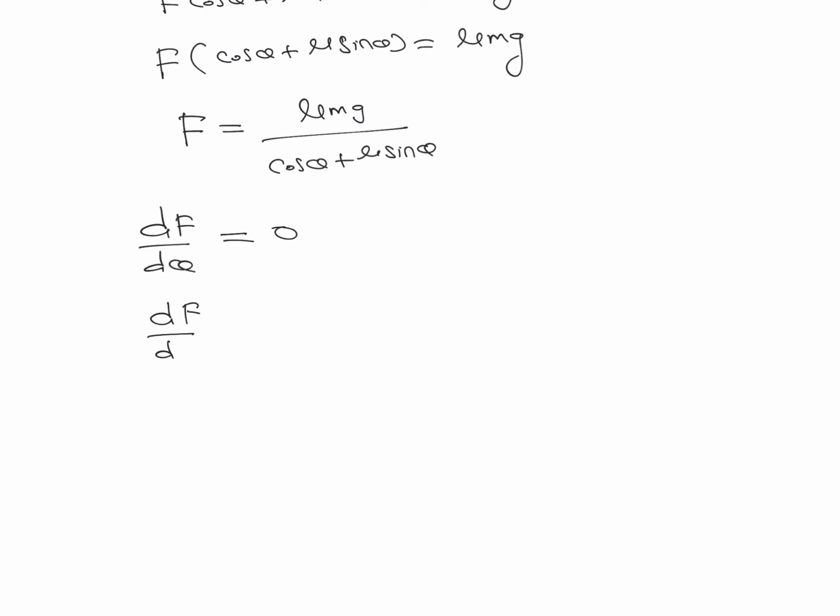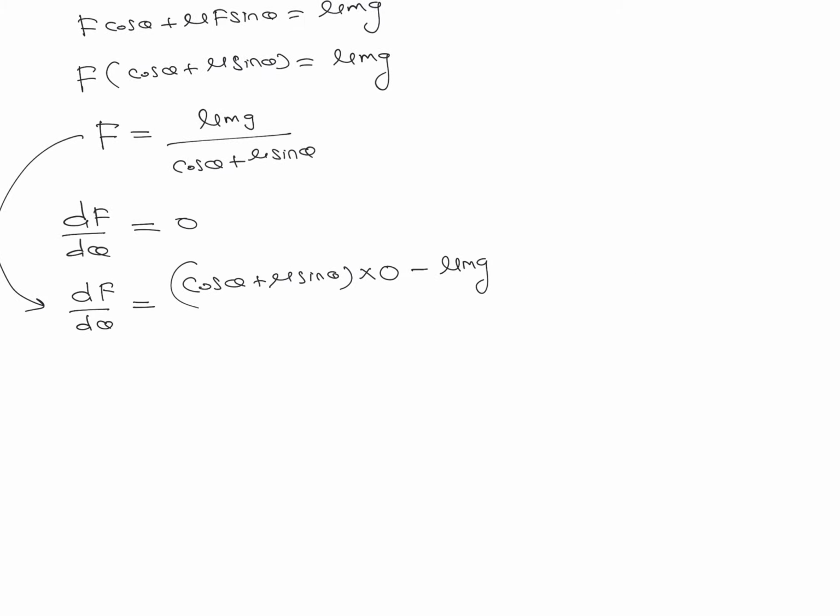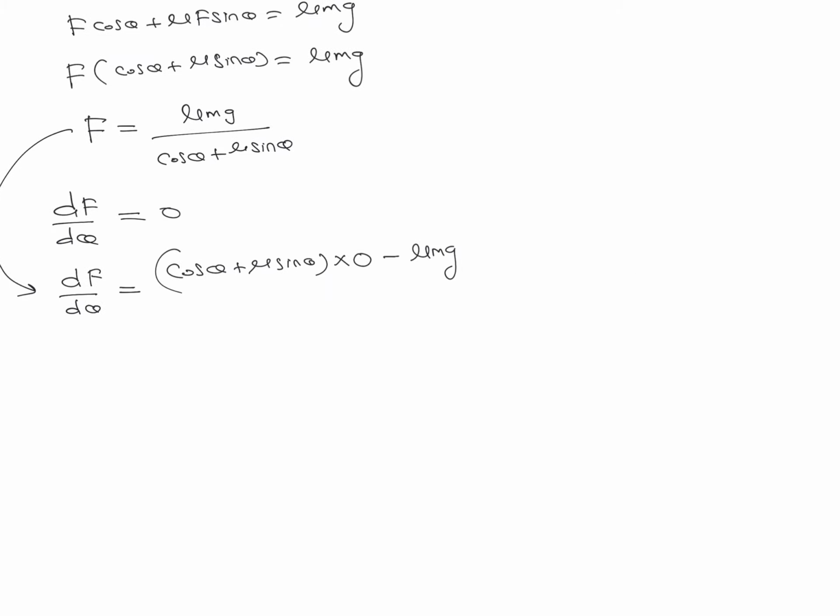So from the quotient rule, we can write df by d theta is equal to, we are going to basically differentiate this equation. We can write it as the denominator, which is cos theta plus mu sine theta, into differentiation of the numerator. Over here the numerator is mu mg, which is a constant, so differentiation of that is going to be 0, minus the numerator, that is mu mg, into differentiation of the denominator.